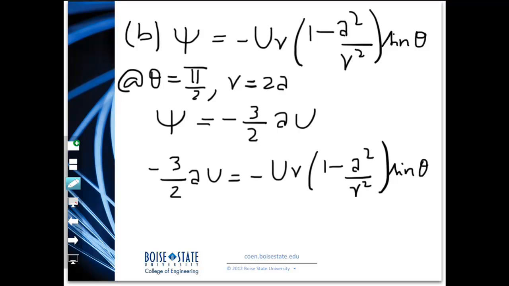And you see that when you substitute r equals 2a, theta equals pi over 2, both left and right hand side will be the same. And if you wanted, you can simplify this, but even if you leave it at this step, it would still be a valid equation.